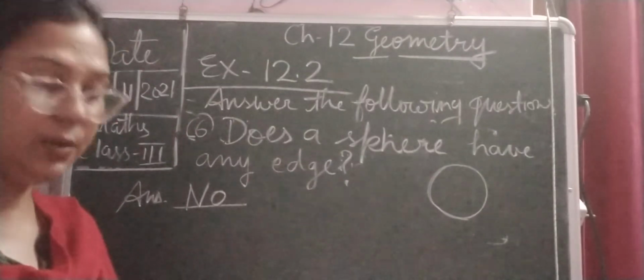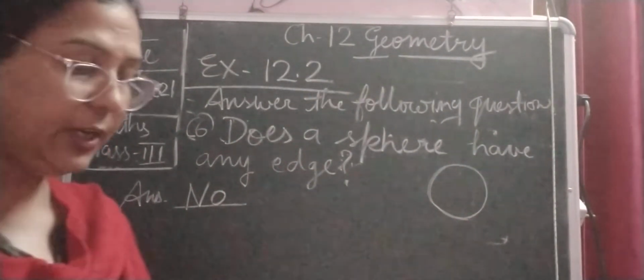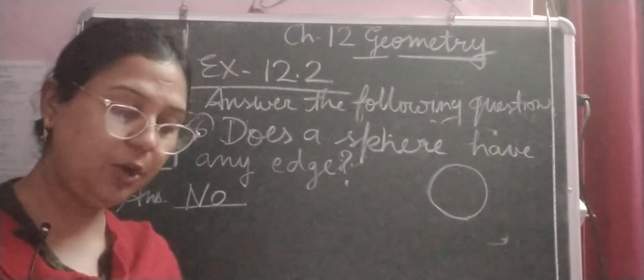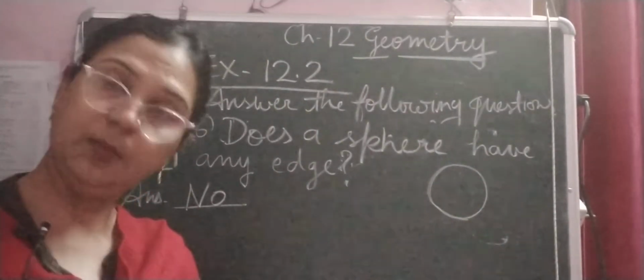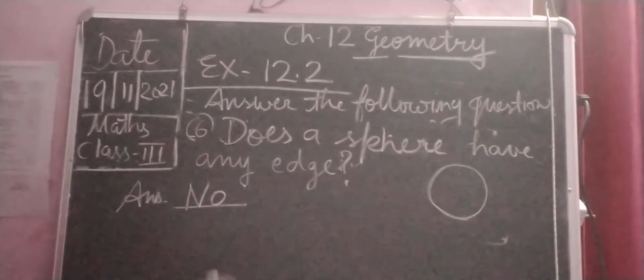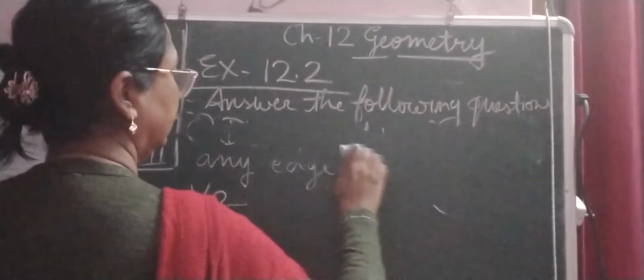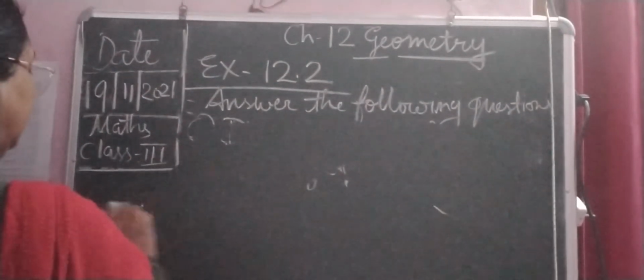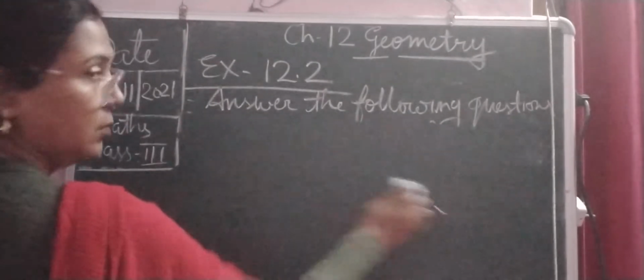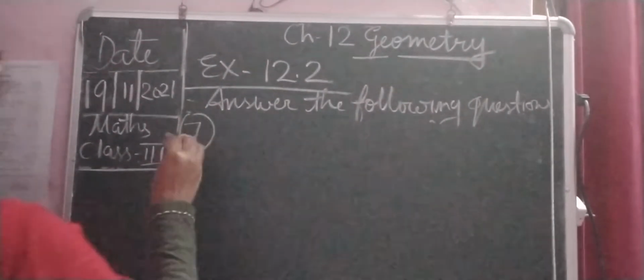Now our next question, which is the 7th question. Does a cone have its base and top of the same shape? Children, let's write the 7th question. Number 7 question.